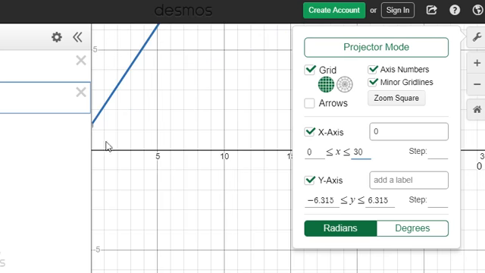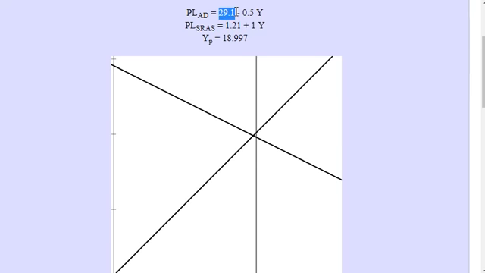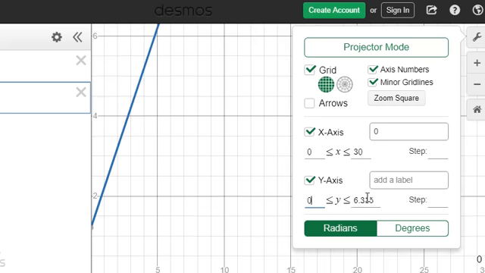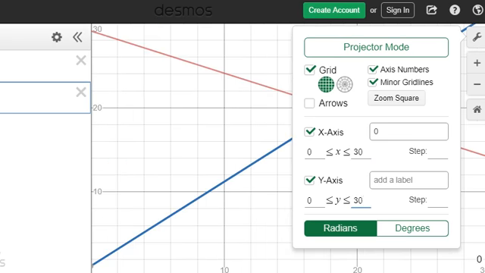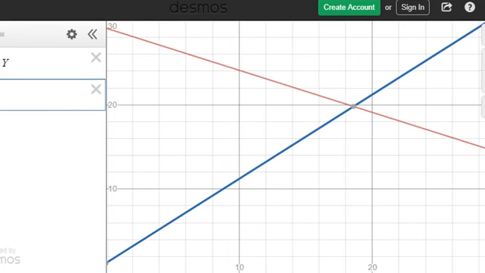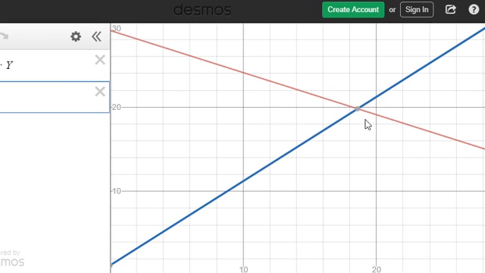And then the y-axis, well, remember the intercept is 29.1. So for the y-axis, we're going to do 0 to 30. See what happens. Okay, cool. That looks good right there, right? Awesome. There's our aggregate demand and aggregate supply equations.